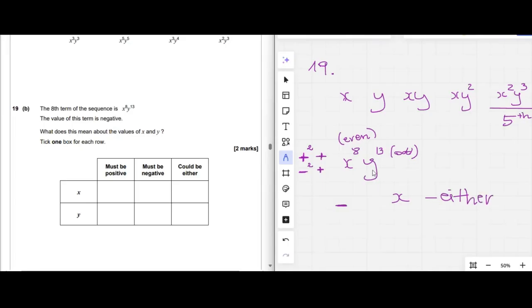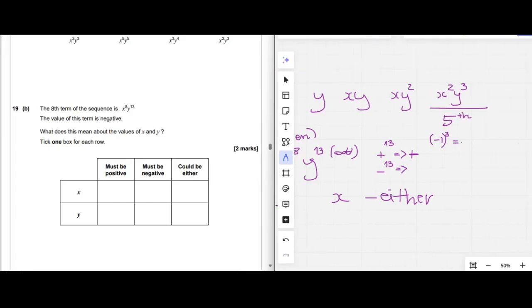How about y? A positive number to the power 13 will still be positive. How about a negative number to the odd power? For example, negative 1 to the odd power 3. Power 3 means negative 1, and negative 1, and negative 1.